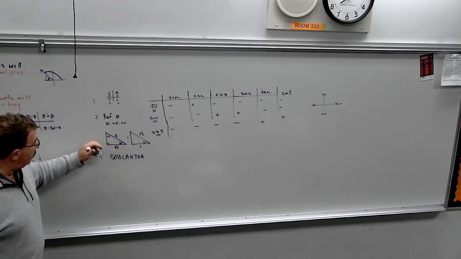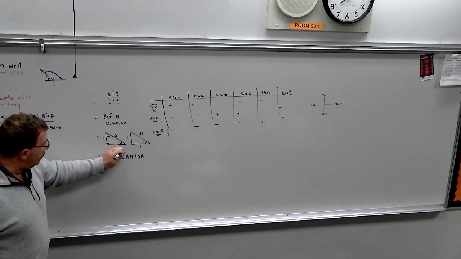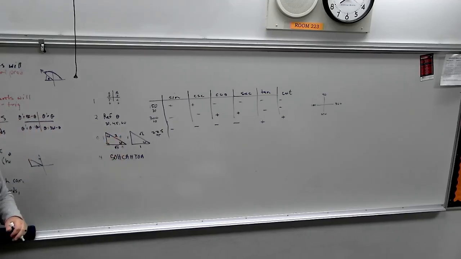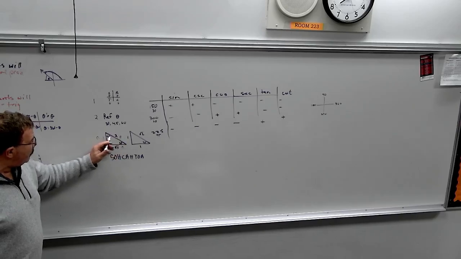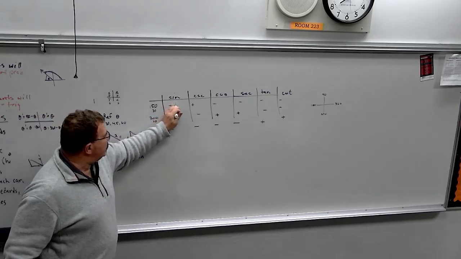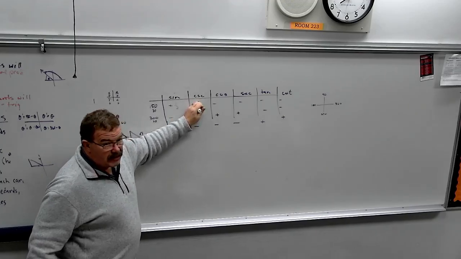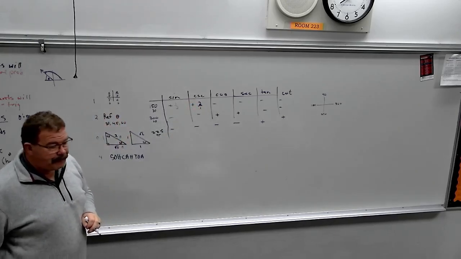Some people I saw yesterday would go through and put an O, an A, and an H, and that helped them label their triangles. So sine is O over H, 1 over 2. So what would cosecant be then? 2 over 1. They're just reciprocals, right?